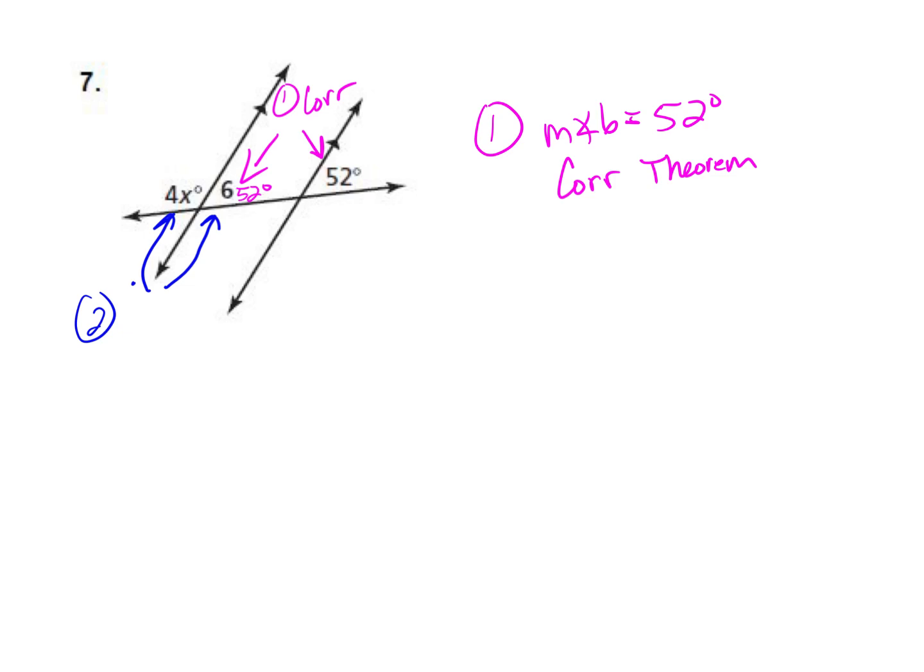Are they on different intersections but the same position? No. Are they alternate interior? Are they both inside? No. Are they alternate exterior? Are they both outside? No. Are they vertical? Do they form an X? No. Are they linear? Are they right next to each other and make a straight line? Yes. This is a linear pair.